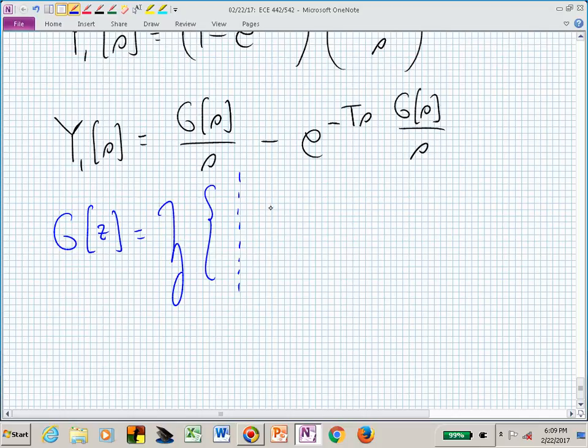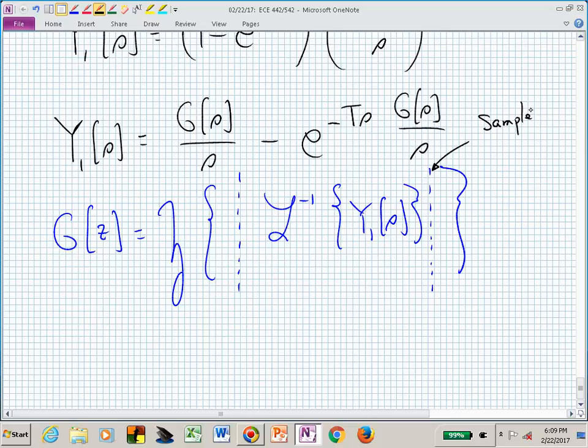And that's going to sample the inverse Laplace transform of capital Y sub 1 of s, which would give me little y sub 1 of t. And I'm going to sample that little y sub 1 of t. That sampled sequence I can Z-transform. This vertical dashed line is the sampling process.